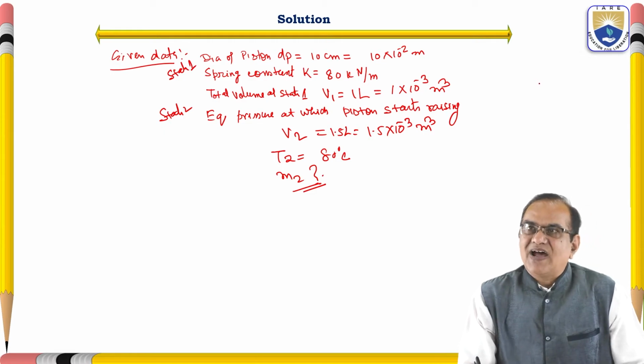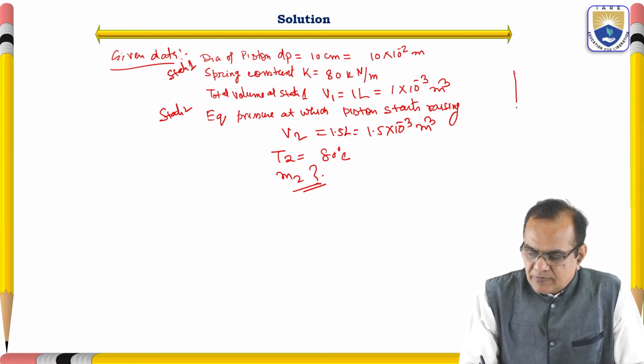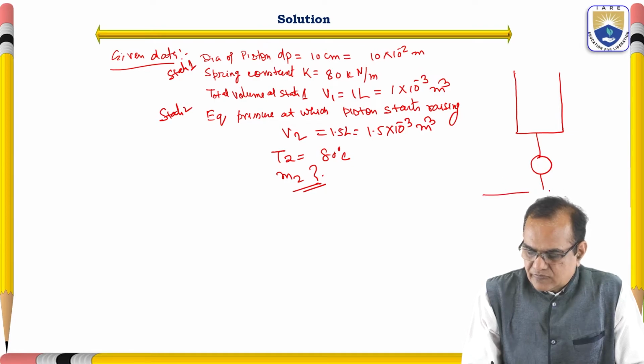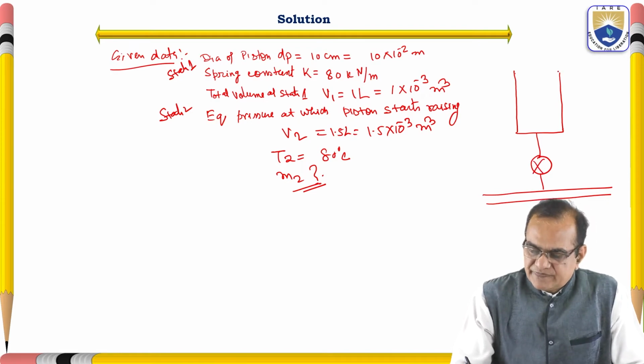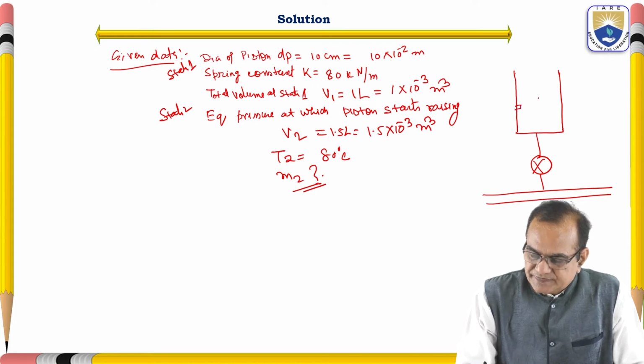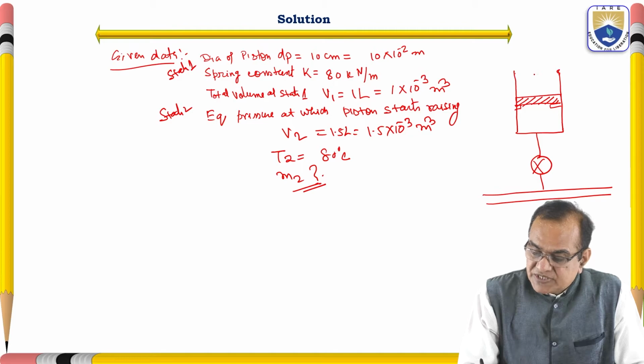Now I will draw one from the same problem here. This is our cylinder. There is a stop here. The piston is resting on top of this stop. This is the piston, and on top of this piston there is a spring.